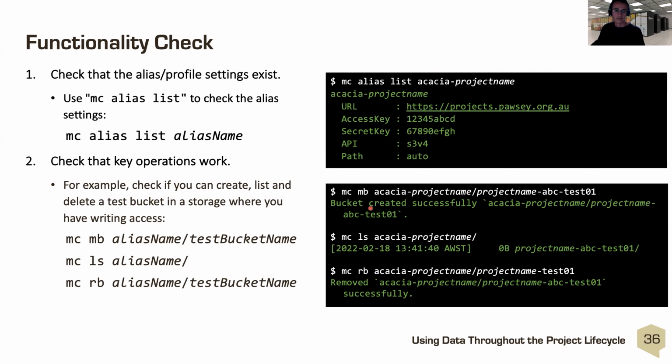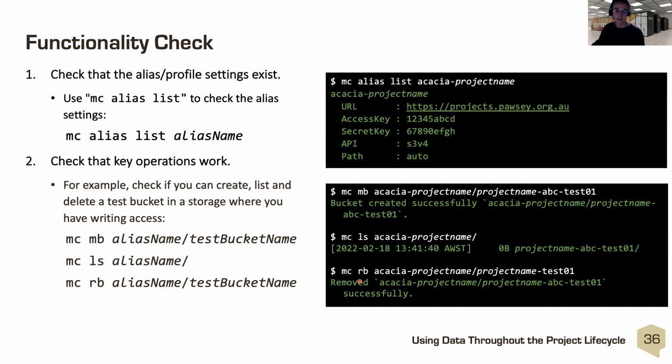Now you can check if you can create a bucket. In this case, mc mb is make bucket, create a bucket. You write the alias, then slash, and then the name of the bucket. And it responds the bucket has been created properly. Then you can list your alias name, and you can see that that bucket has been created.